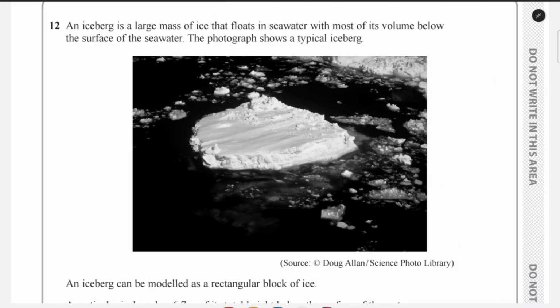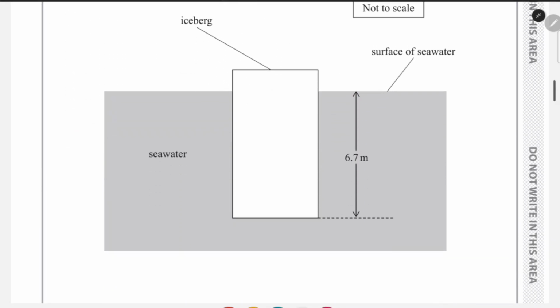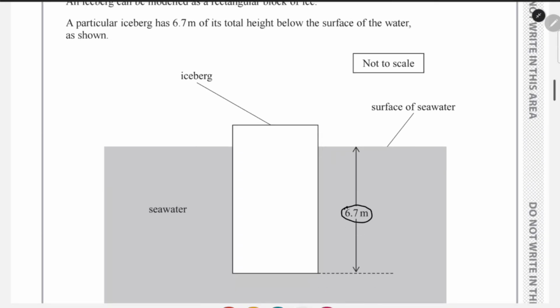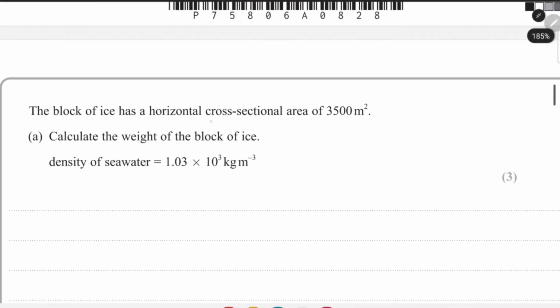Now in question 12, we are given an iceberg, and it's floating in seawater with most of its volume below the surface of the seawater. We are given this diagram over here. So 6.7 meters of it is under the surface of the water, and we are told that the horizontal cross-sectional area is 3500 meters square.